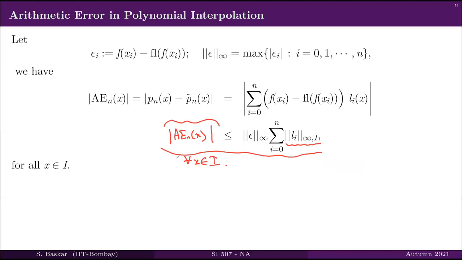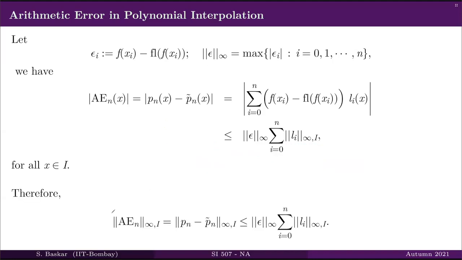Therefore, you can write norm AEn is less than or equal to norm epsilon into sigma i equal to 0 to n norm Li, and that gives us an estimate for the arithmetic error involved in the polynomial interpolation for the function f at the nodes x0, x1 up to xn.